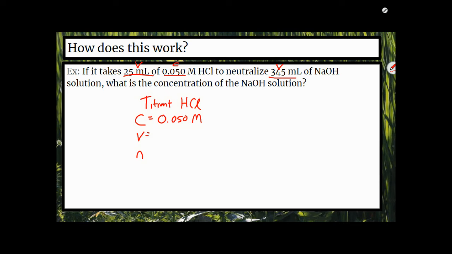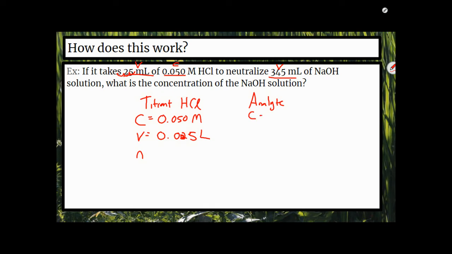I have to change that volume to liters by moving that decimal 3 places to the left, so 0.025 liters of HCl. And then for my NaOH, that's going to be my analyte because I don't know the concentration.